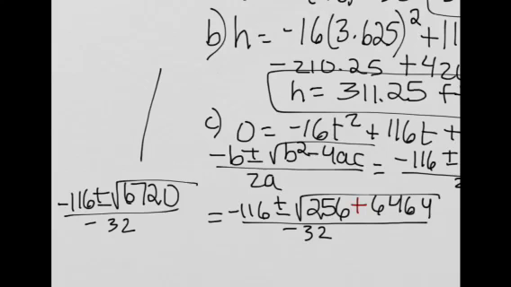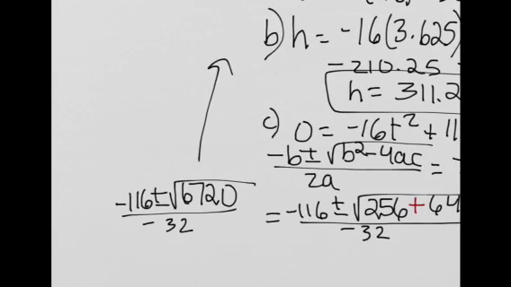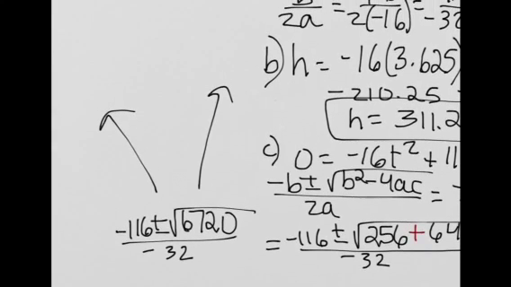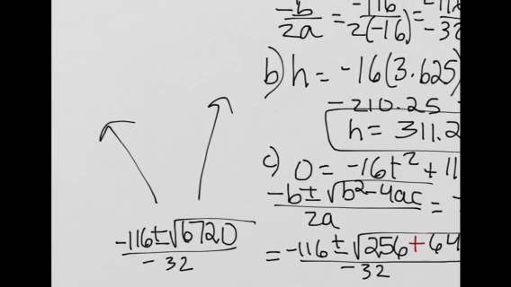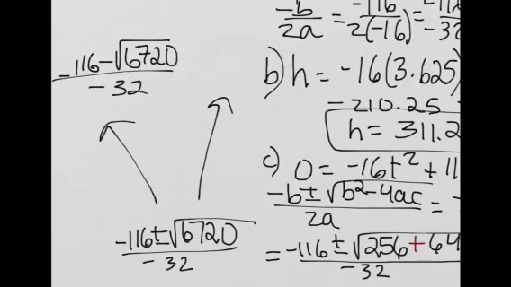Now I need to split it apart and get the two values. Obviously the positive seconds is the answer that I want when it reaches the ground. So it looks like the positive one is going to be the one with the minus. Whoops. So I'm going to take negative 116 minus the square root of 6720 and divide it by negative 32.